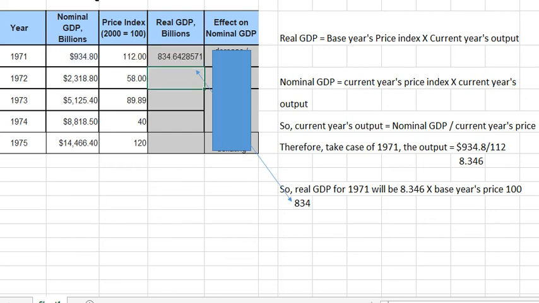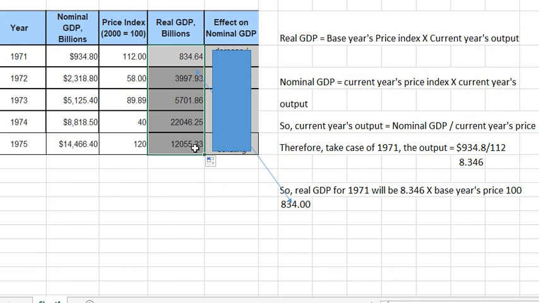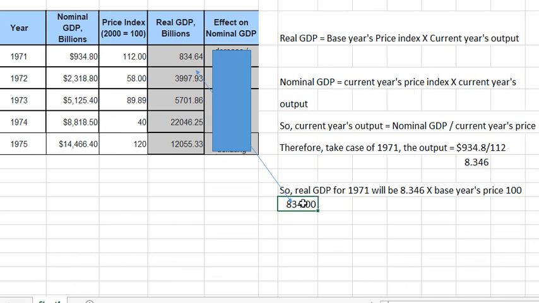And we should be able to bring it down to 2 digits, just round it up, and same thing here, we're going to round it up to 2 digits. Then we will see that correspondingly for other years the numbers will be according to this.